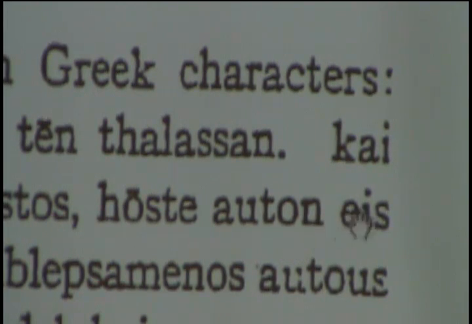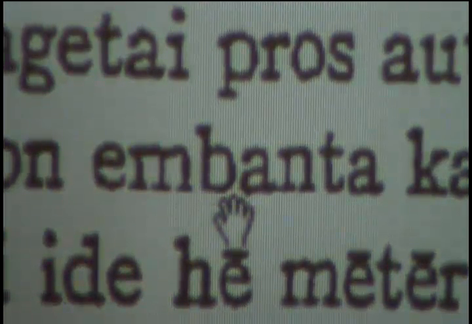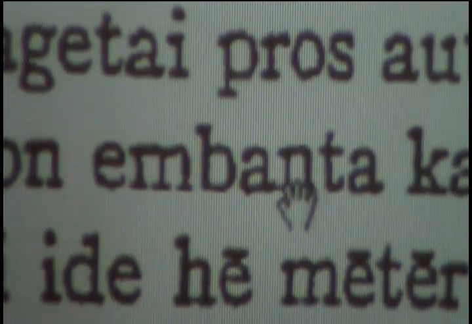It's ace, okay? And this is ploion, which is P, lambda, omicron, iota, omicron, nu. And this is mbanta, beta, epsilon, mu, beta, alpha, nu, tau, alpha.